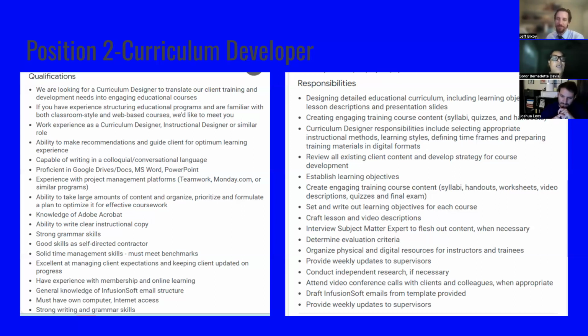With this one, I definitely feel that even right now I could go out there and put myself forward and feel confident. They do talk about an Infusionsoft email structure. Never heard of that before, but again, it's an email thing. I can't believe it would be too difficult to learn.